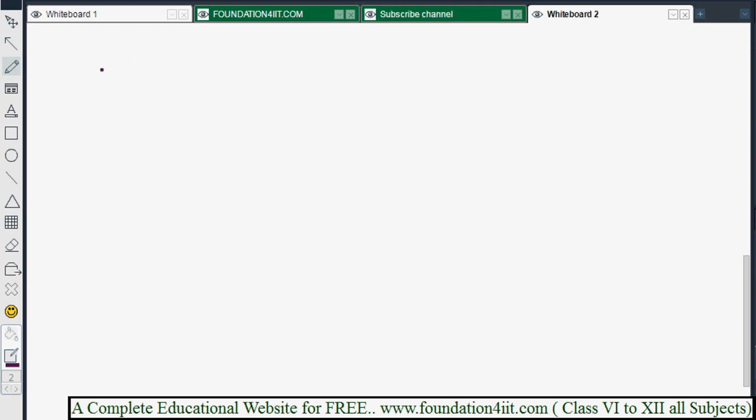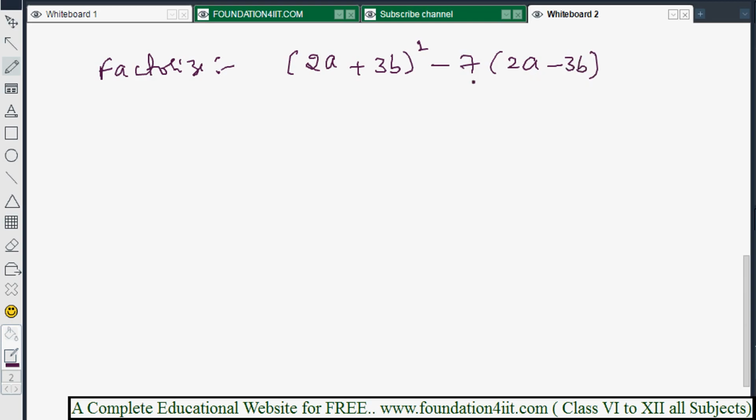For example, factorize 2a minus 3b whole square minus 7 into 2a minus 3b minus 30. It's important, study such sums. This is also 2a minus 3b. This I need to factorize.